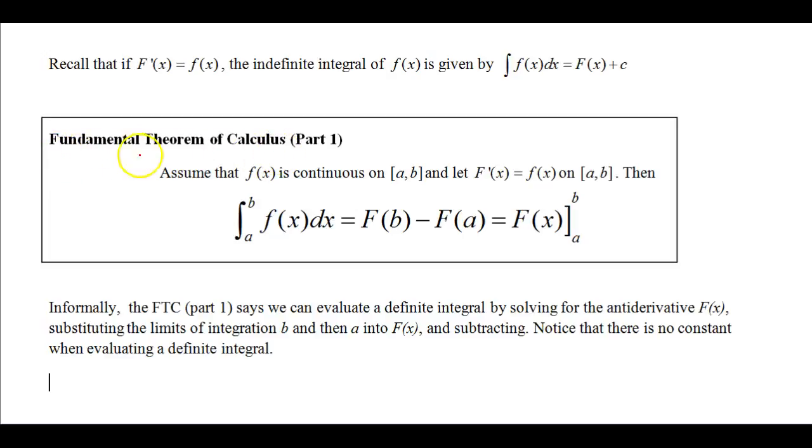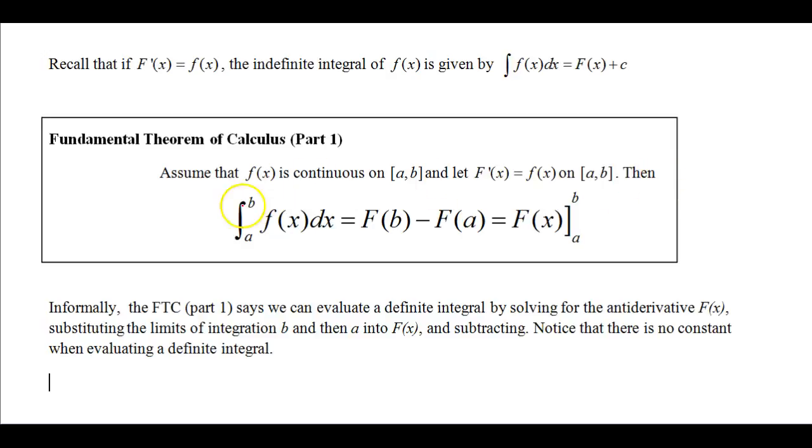So we're going to look at the Fundamental Theorem of Calculus, Part 1. It says we're going to assume that f(x) is continuous on the closed interval from a to b, and let F'(x) equal f(x) on the closed interval from a to b.